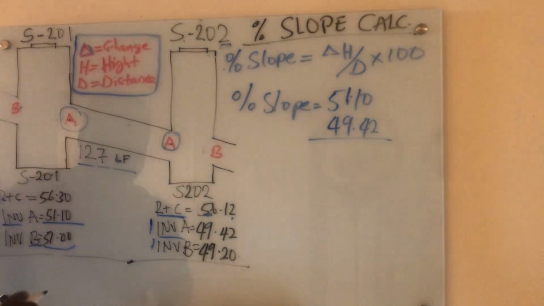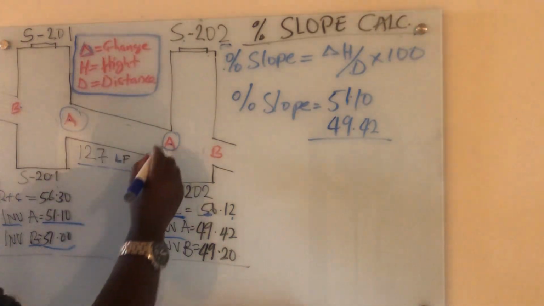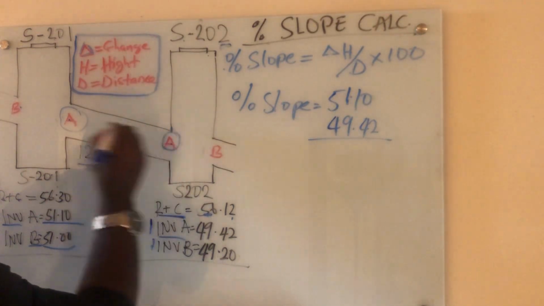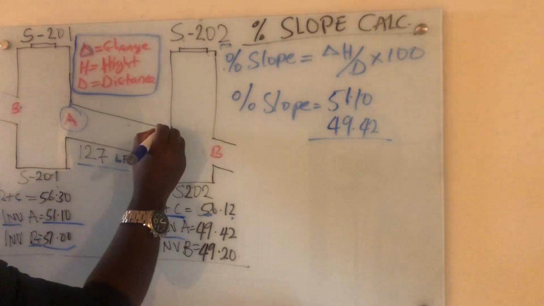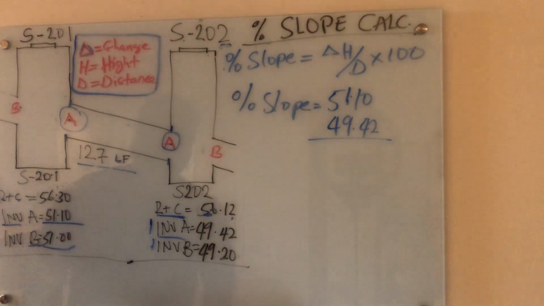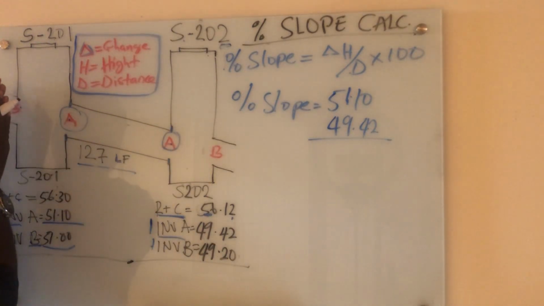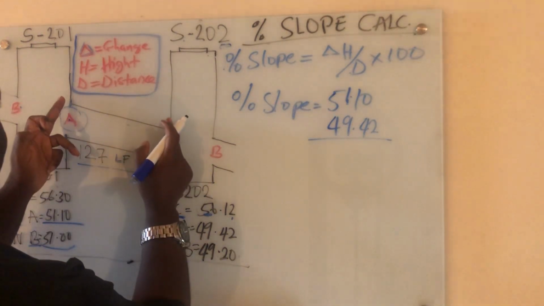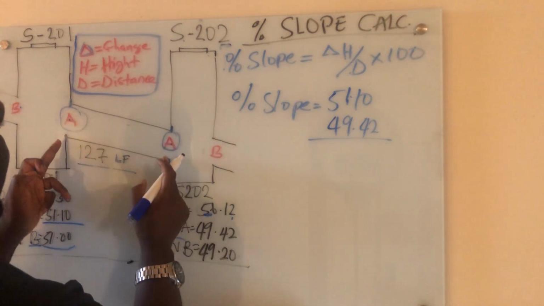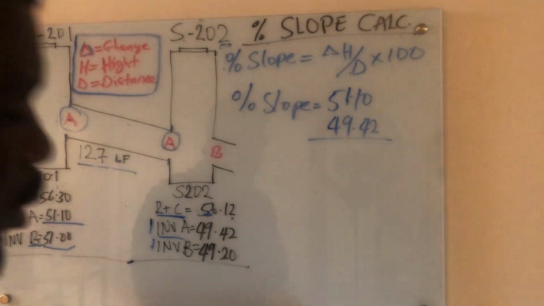The idea here is that the D, which is the distance, is the distance between these inlets, right? The pipe, the laser pipe that we are going to be using for our storm drain. So it is not the outside length, it is the pipe length between these two structural drawings. So keep note of that.